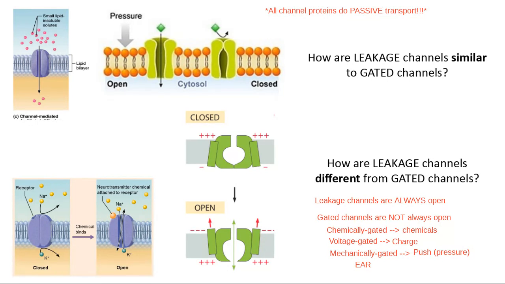So when we're talking about hearing and we're talking about balance, those processes use mechanically gated channels, or channels that I press open. I use pressure to allow me to bring ions in and out. So we talked all about chemically gated and voltage gated channels all semester. And then in our very last lesson, we talked about those mechanically gated ones as well, the ones that I push open.